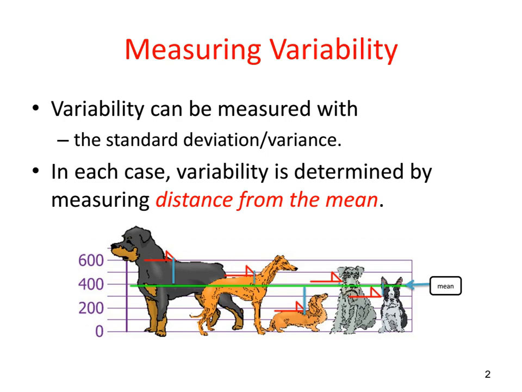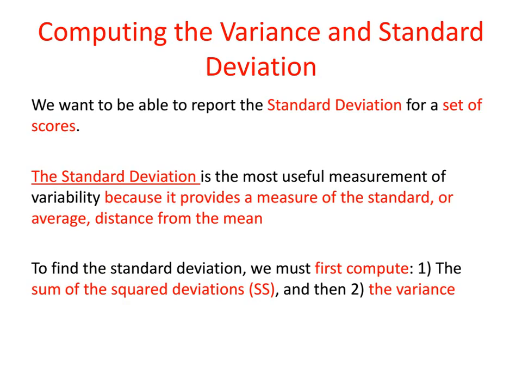So what we're really interested in when we measure standard deviation is finding out all of the scores and how different they are from the mean. That is, what is the distance for each score from the mean? We're going to do a computation for the standard deviation for a set of scores.